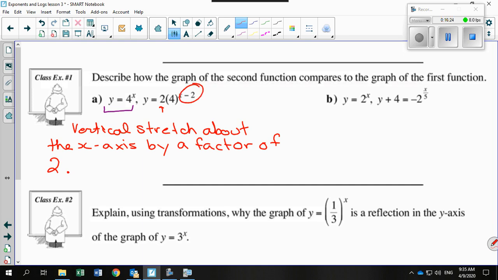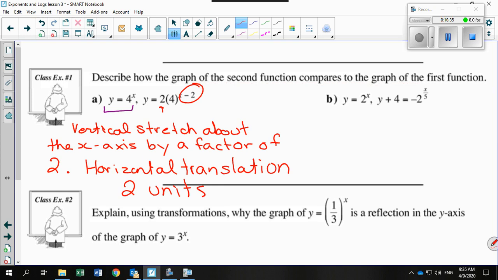And this, remember, was a horizontal translation 2 units right.